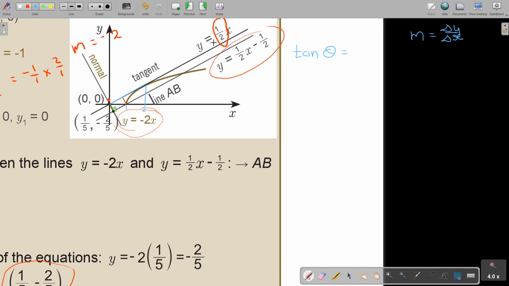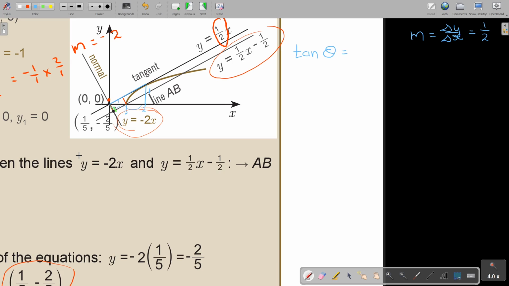So in this case, the gradient is 1 over 2, where that 1 is delta y, so that will be 1, and that will be 2. So I can find this angle there.